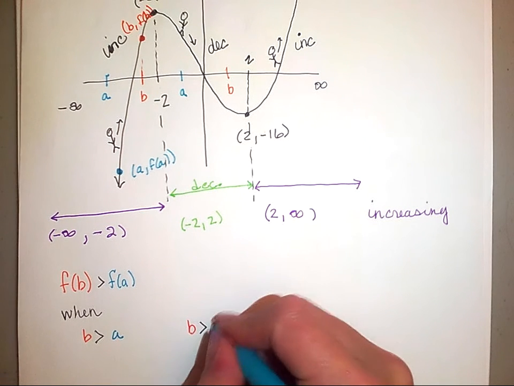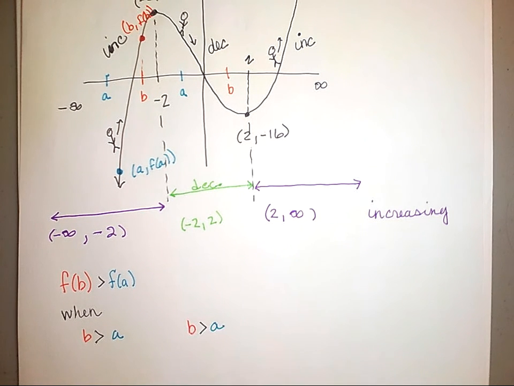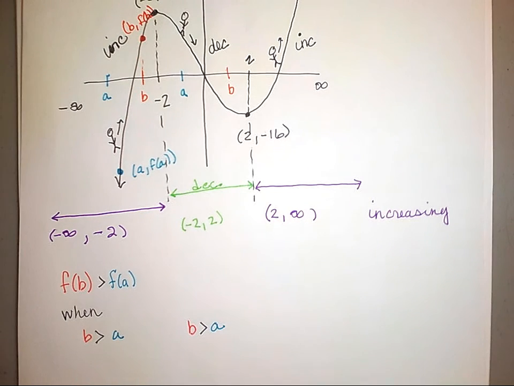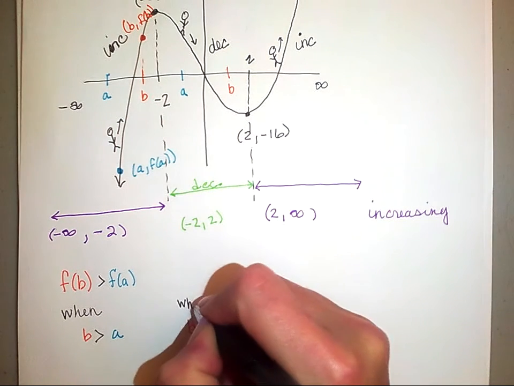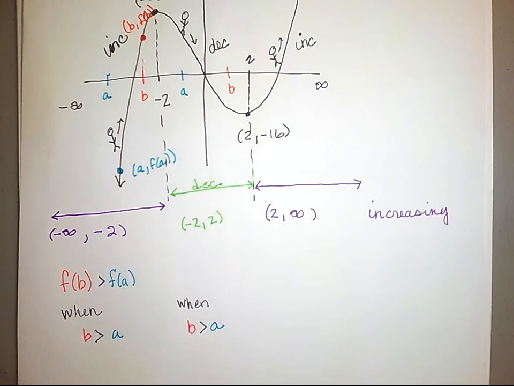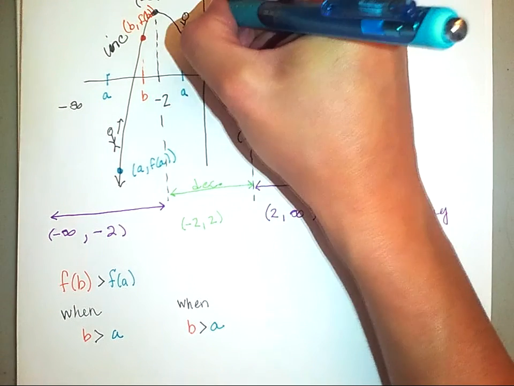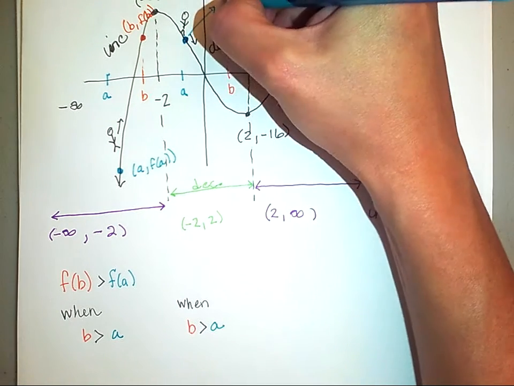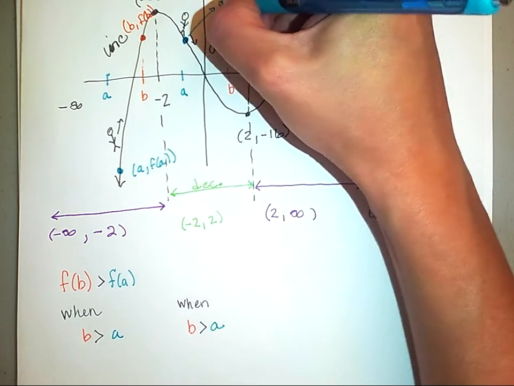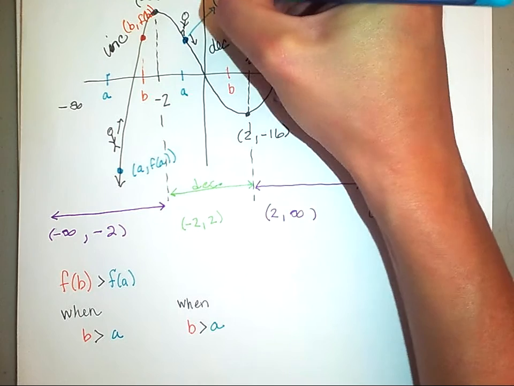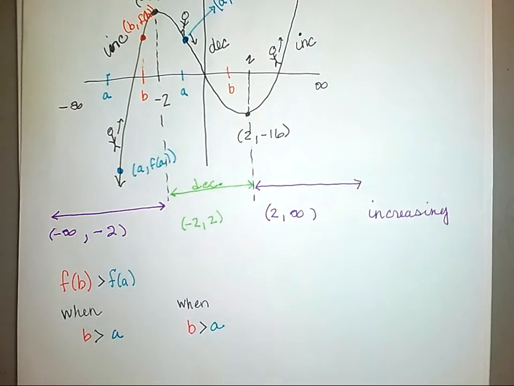Okay, let's see if that holds true if I pick an A and a B in here. So now, we do have the same condition. We have B is greater than A. That is true. Now let's see what happens to the function values.